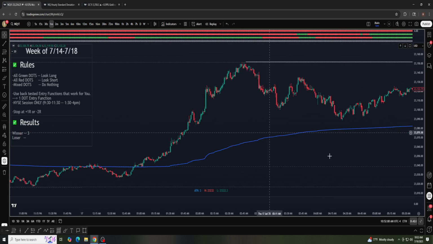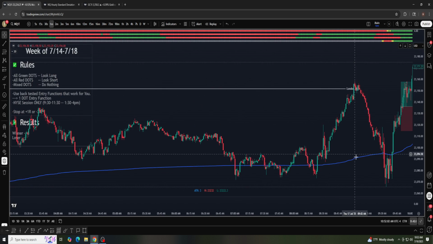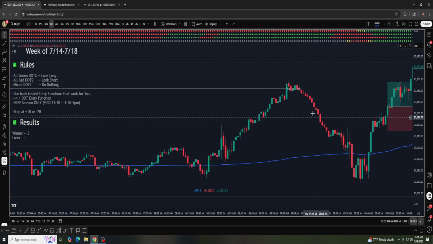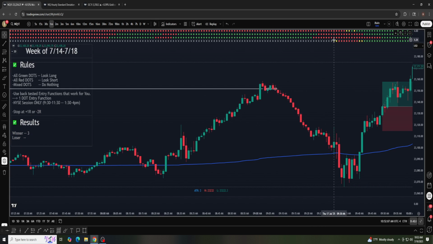Let us go to Thursday. Thursday, the market opens right here. Mixed dots, mixed dots.